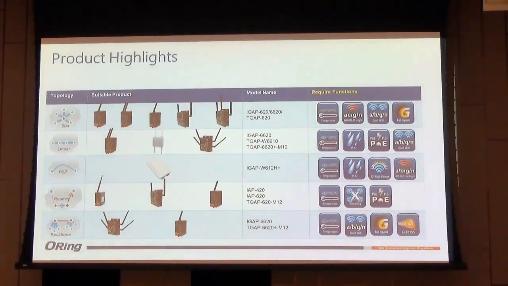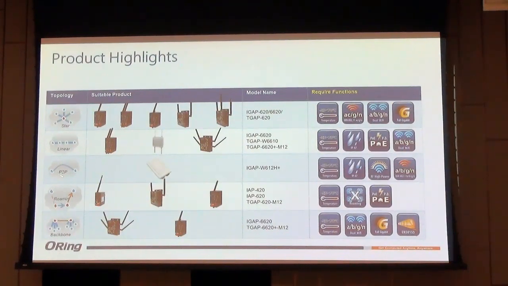In this table we show that Oring provides different kinds of access points to suit different wireless applications. You can see for the star topology we provide dual RF and gigabit Ethernet.